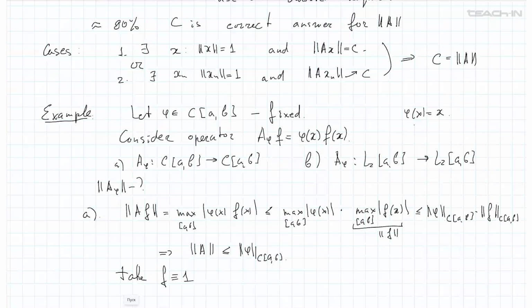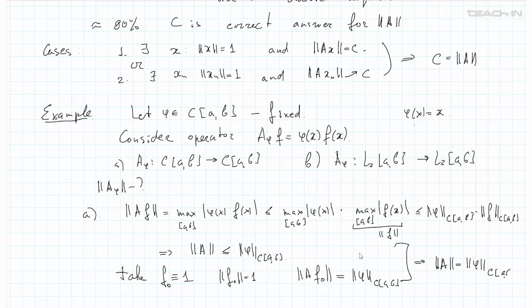Of course, the norm of this function is 1, yes? That's f0, f0 equals 1. And the norm of A f0 is just the norm of phi in C[a,b]. So from these two steps, we conclude that the norm of the operator is just equal to the norm of the function in C[a,b].